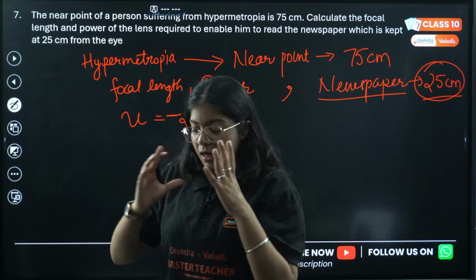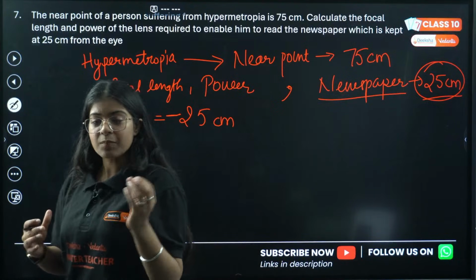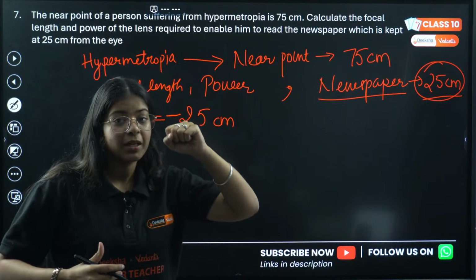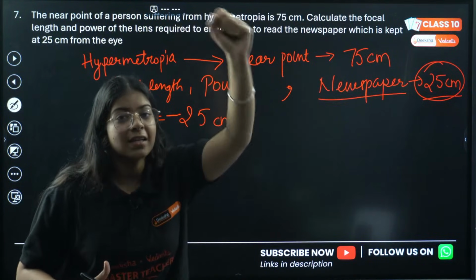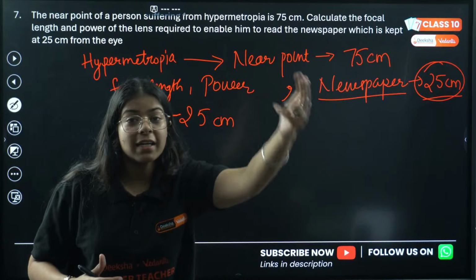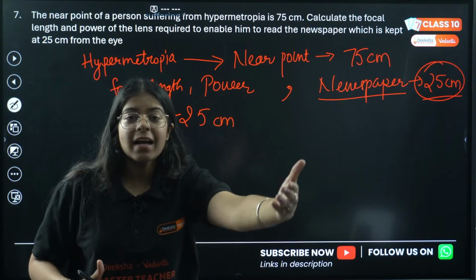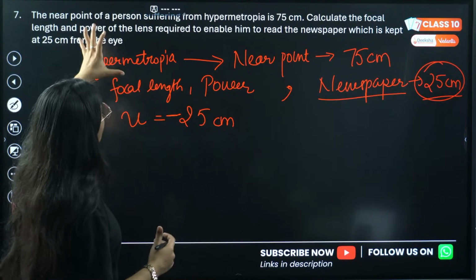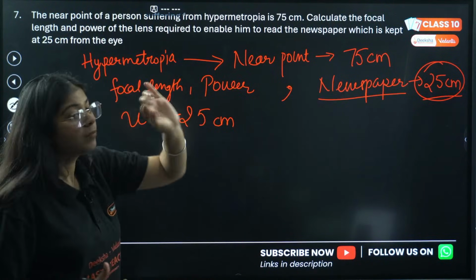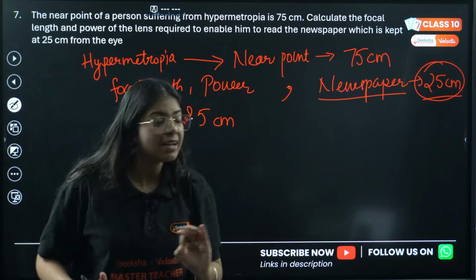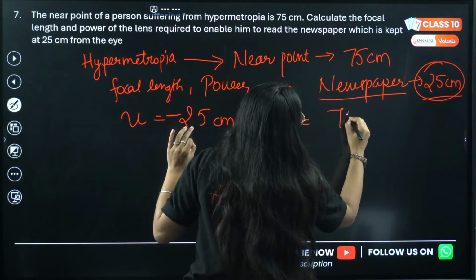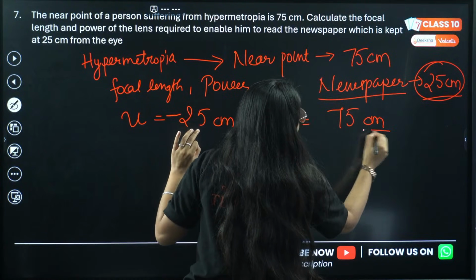So the corrective lens should make the image of the object at 25 centimeter form at 75 centimeter, so that his own eye lens can see the image from its near point. So for the corrective lens, the image distance is 75 centimeter.